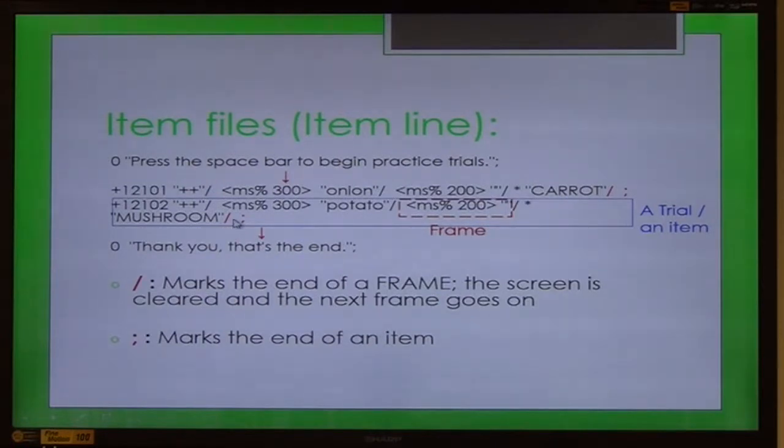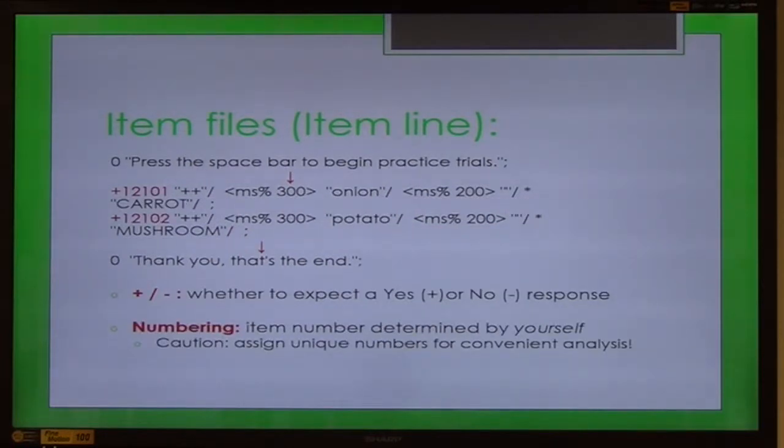item or your trial. And then at the beginning of a trial, you can see a plus or minus sign, right? So for a plus, that means you are expecting a yes response from your subject for that trial.